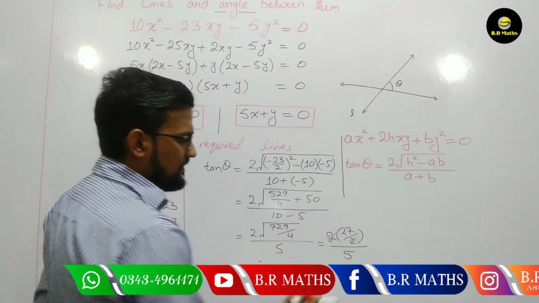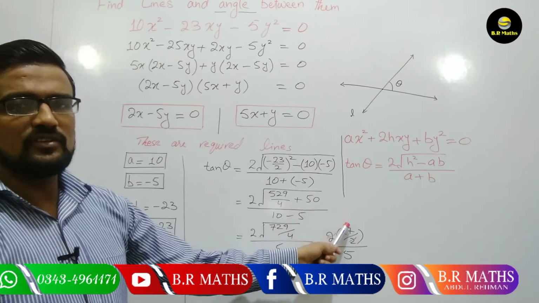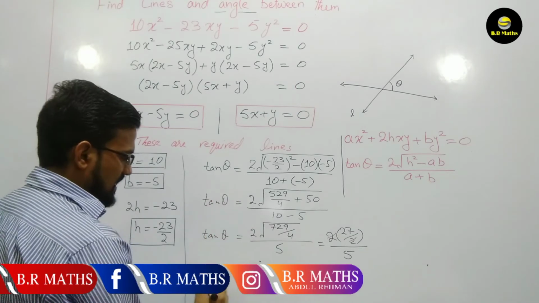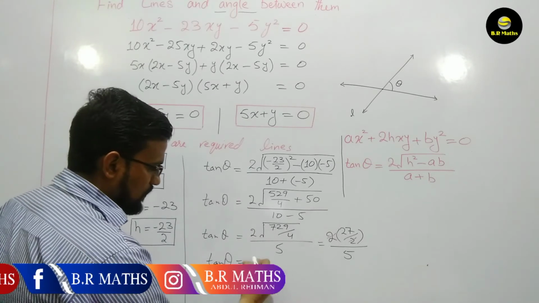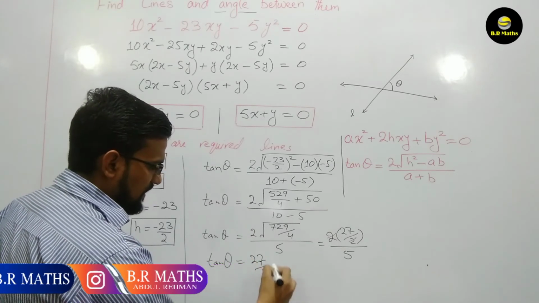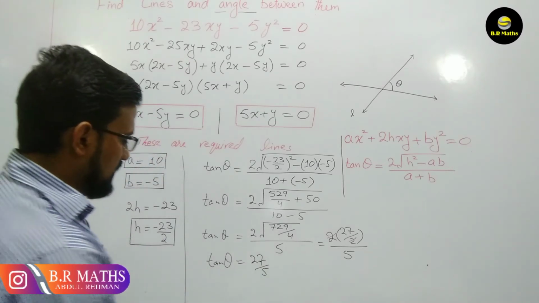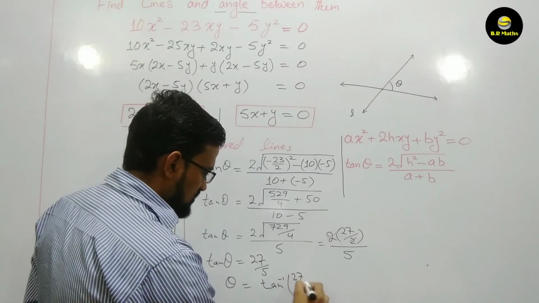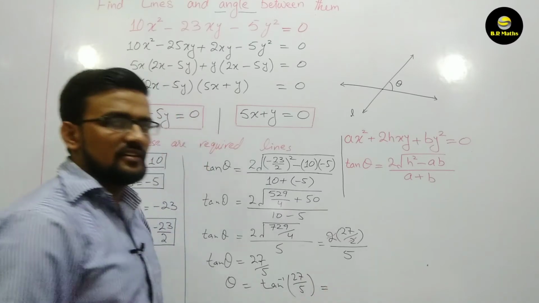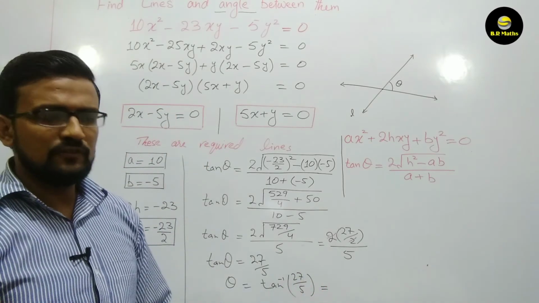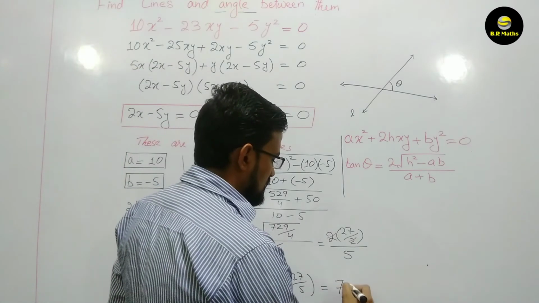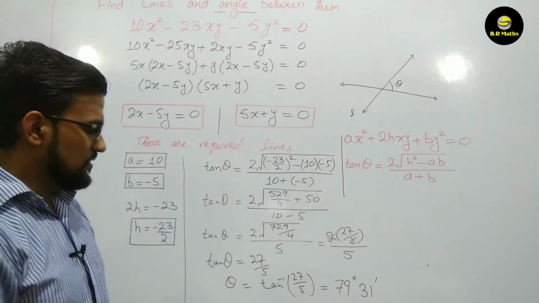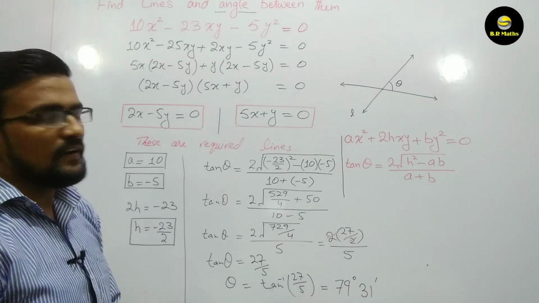So the 2 cancels, and we get tan theta equal to 27 divided by 5. Now the angle is tan inverse 27 over 5, and the result is 79 degrees 31 minutes. See student, this is the final result.